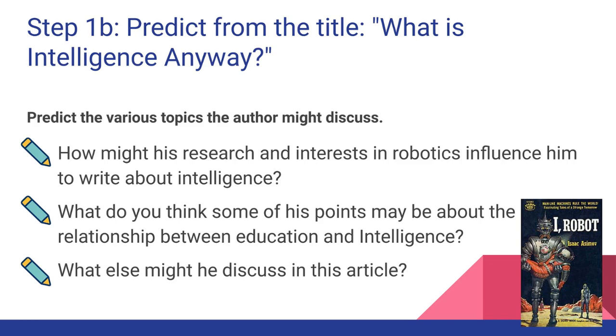And based on what we know about Isaac Asimov, when we read the title, What is Intelligence Anyway? What might he be discussing in this article? Or why, right? How might his research and interests in robotics influence him to write about intelligence? What do you think some of his points may be about the relationship between education and intelligence? What else might he discuss in this article?